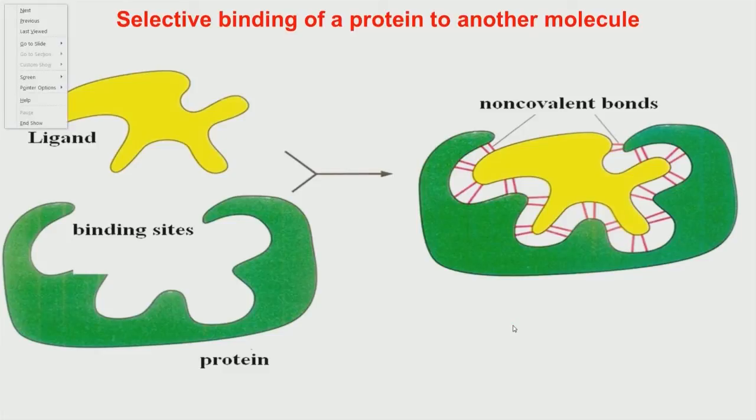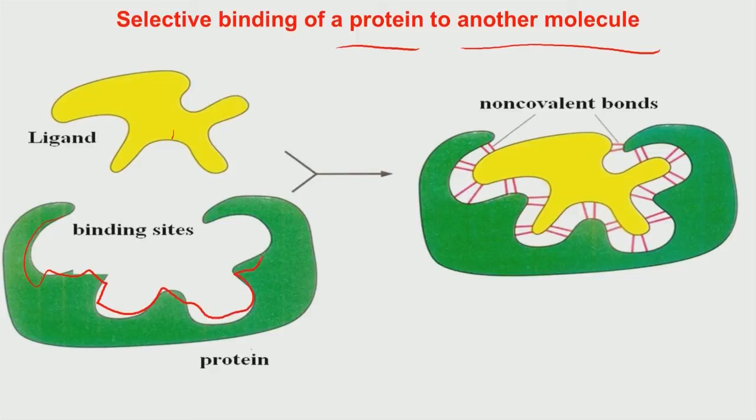Now that you have some idea about protein structure, protein-protein interaction, or protein interaction with another biological macromolecule, is equally important, and that has been shown here. Let me first explain this, and then I will explain its relevance. One is the ligands, and this is your typical protein structure, which has a particular cleavage and then ups and downs.